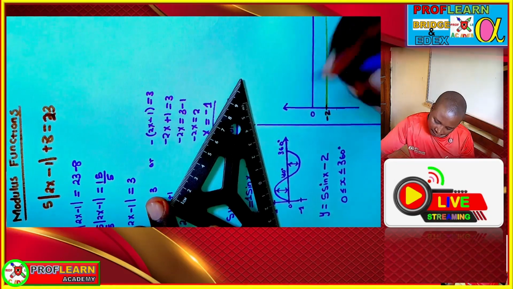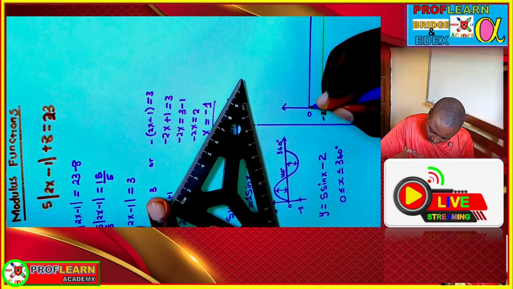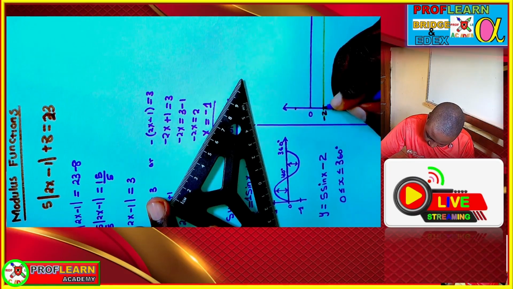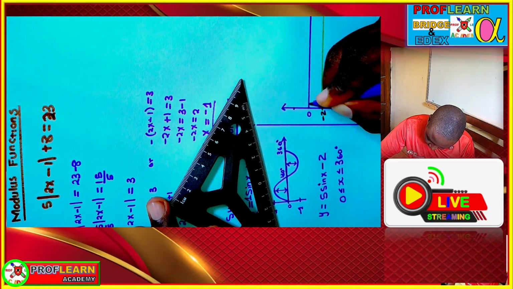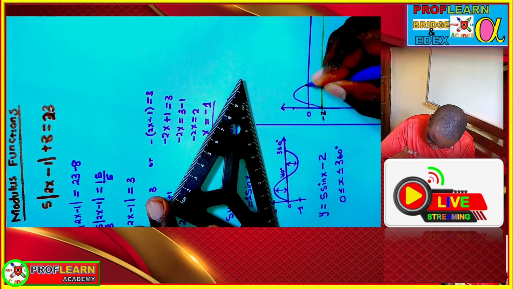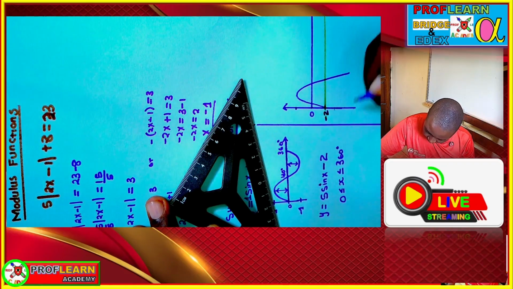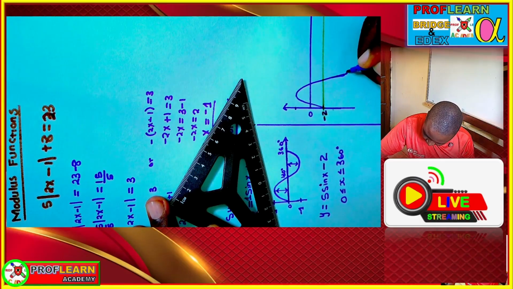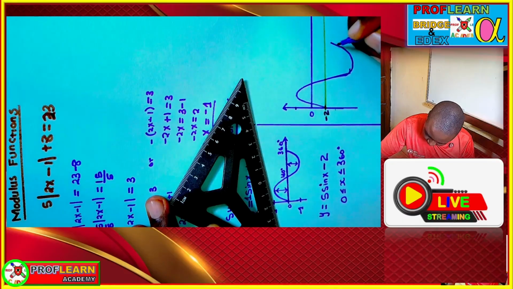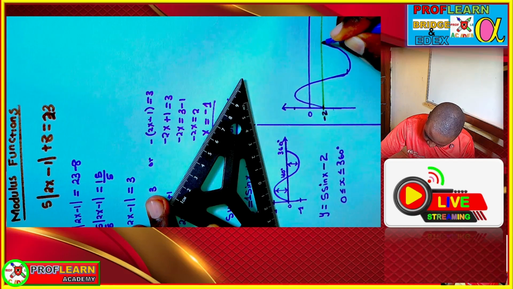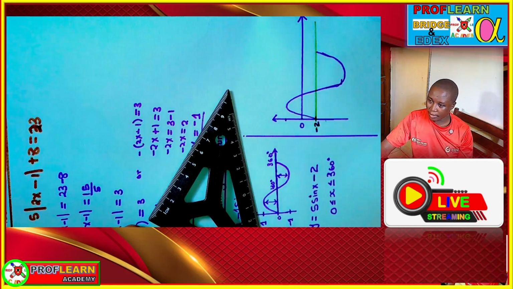Yeah, and from -2, we need to add 5 to have 3. So the graph will go like that up to 3, goes down, and that's how the graph will look like.